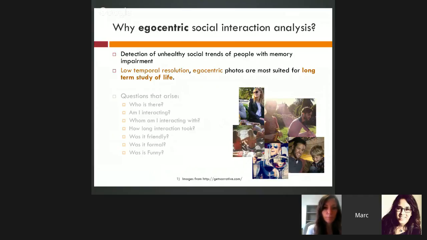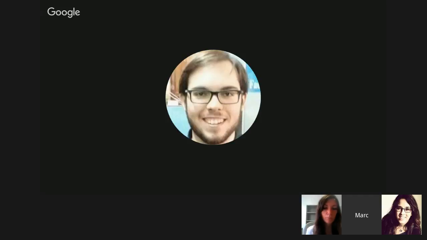For this study, we need a long-term study of these people, and to this end, those cameras that have low temporal resolution are most suited. These photos that you can see here are the photos captured by the narrative camera.